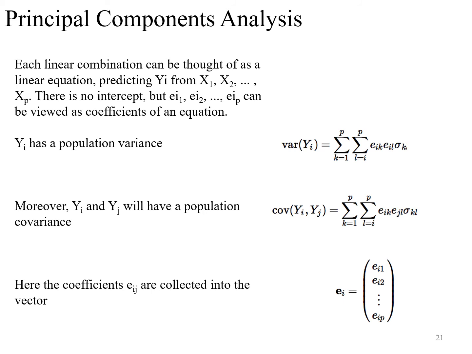And that new variable, yi, is going to have its own variance, okay? And each pair of the y's will have a covariance, okay? And then we can just put all those coefficients into a vector.